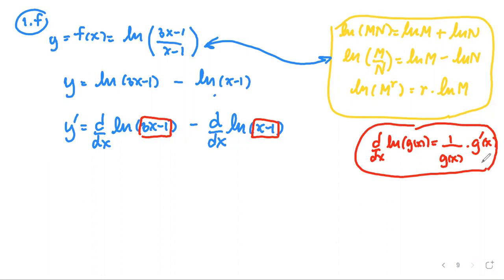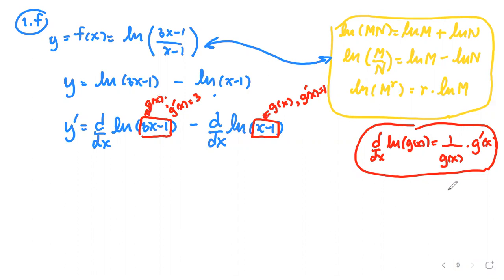For the first term, g of x is 3x minus 1, so then g prime is going to be 3. For the second term, g of x is x minus 1, so then g prime is going to be 1.